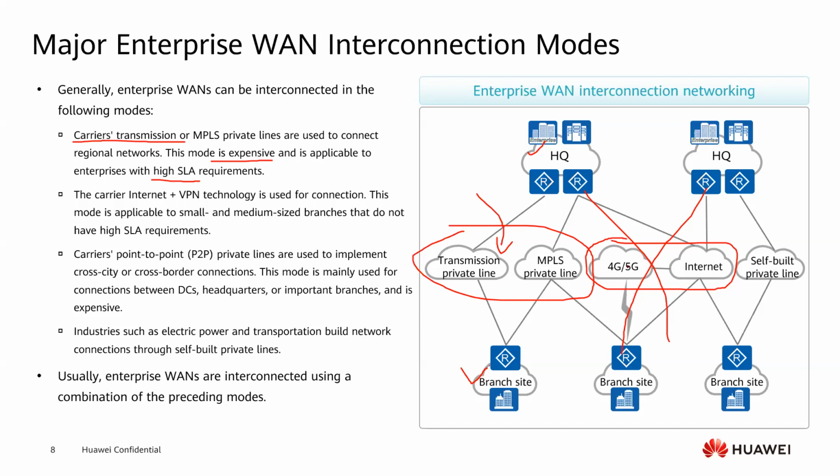So you can basically create a tunnel over the internet. This is carrier internet plus VPN, and those VPNs are enterprise deployed. You can also create it this way, but the internet does not guarantee the SLA.